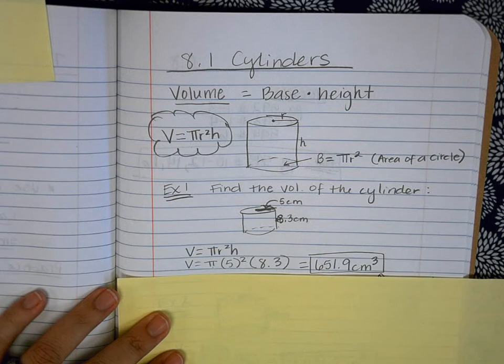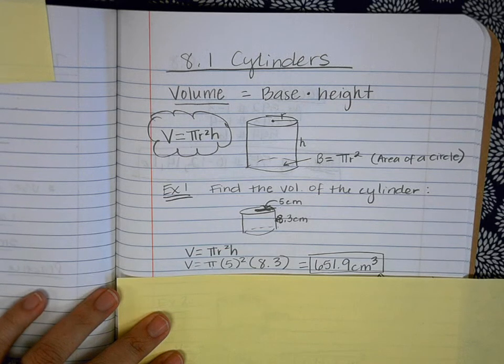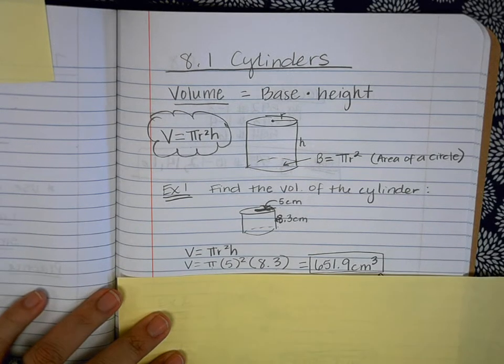Bingo. What was your question, Bryce? I got 651.8. Maybe your calculator's rounding for you? Did you round on yours? Actually, I took this from the book, so they probably rounded. So they rounded to the tenth. And a lot of times it'll say round to the tenth.